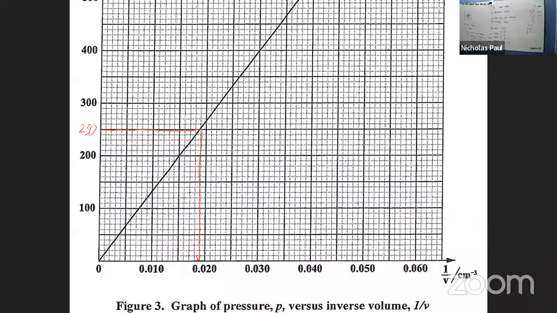Coming down there, how much is that? 0.019. Okay. The question is, what is the volume when the pressure is 250? Write your answer down.